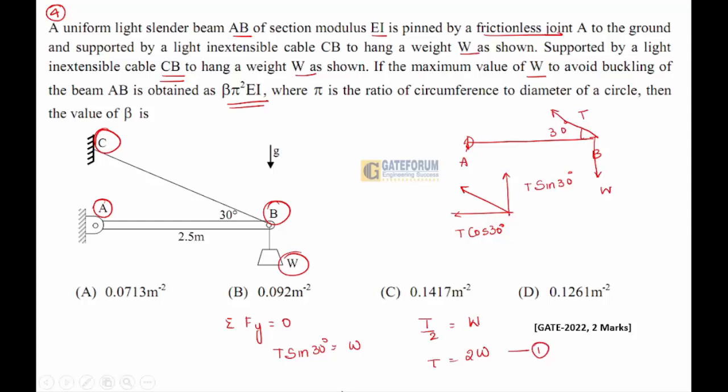Now I'll take column AB pinned at the bottom end. This is the slender rod, right? This is A, this is B. There is some force which is acting, which will be 2W cos 30.